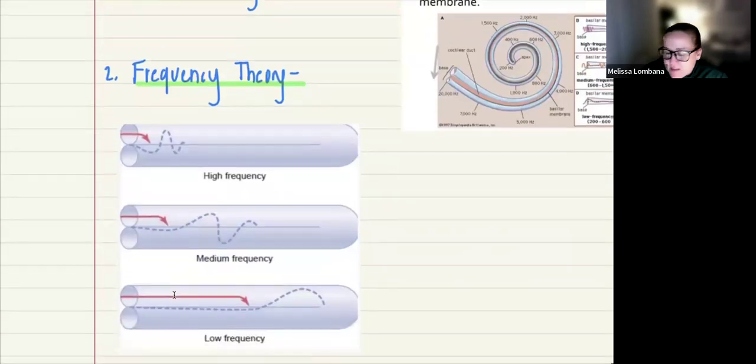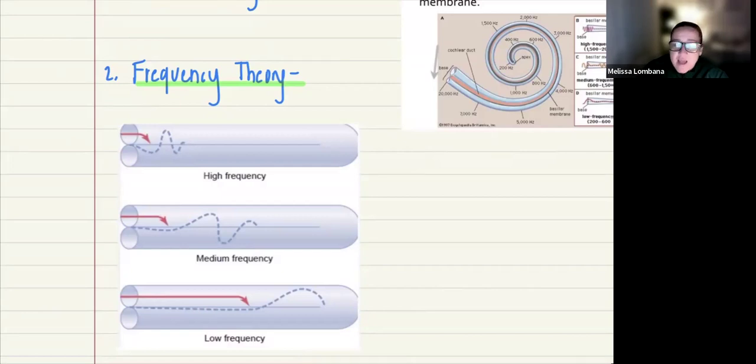Then we have frequency theory, where the brain identifies the pitch by monitoring the frequency of the neural impulse that is traveling through the auditory nerve, okay? The way this works is that the basilar membrane vibrates due to the sound wave, and then triggers a neural impulse to the brain.